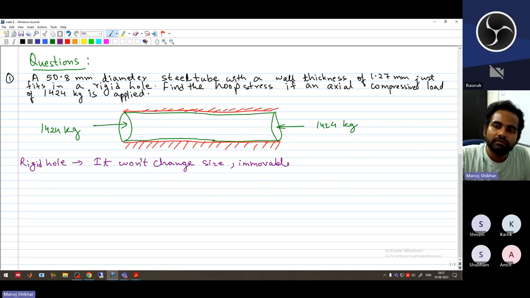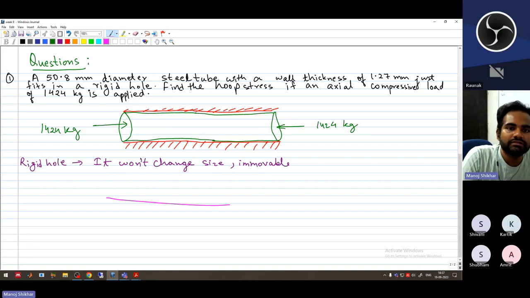So what will happen? When we compress the body, there will be some lateral deformation, but the body is not allowed to move in that direction. So the walls of this hole will apply some pressure or some traction on this body. We don't know the value of traction right now.